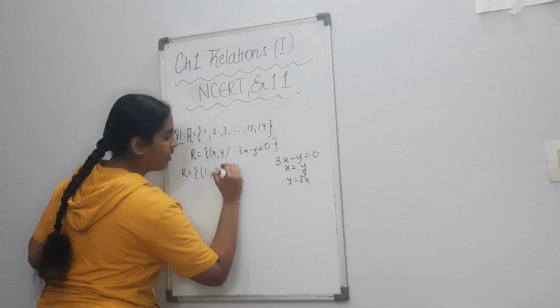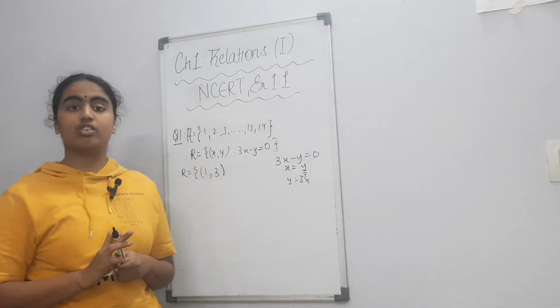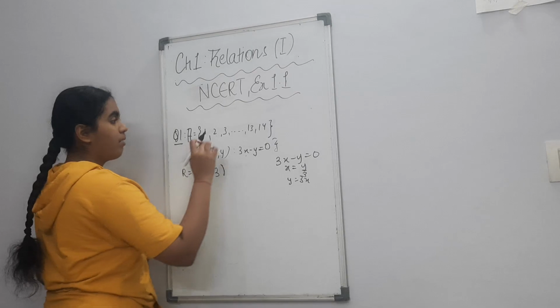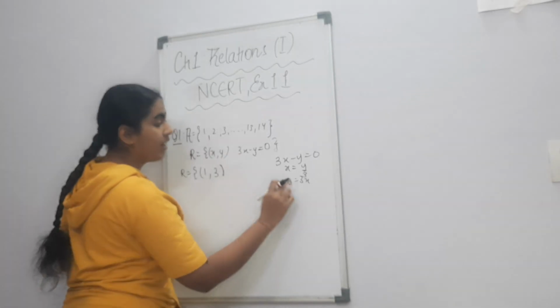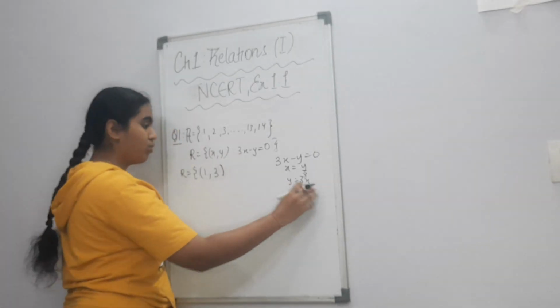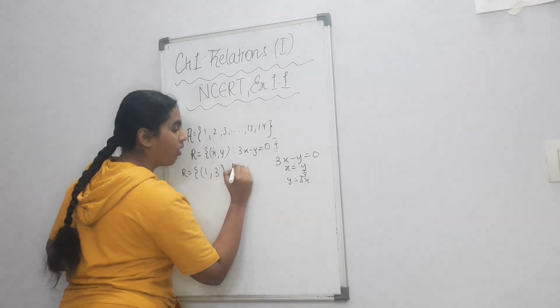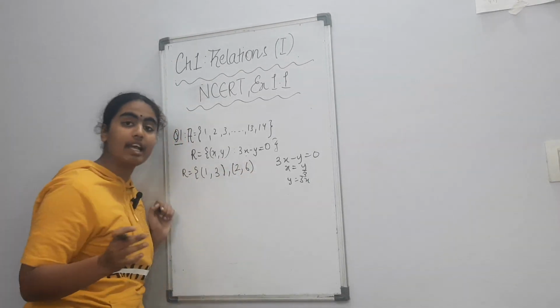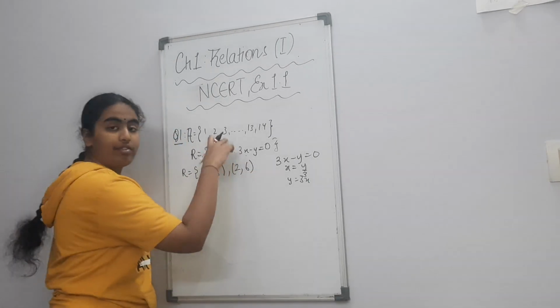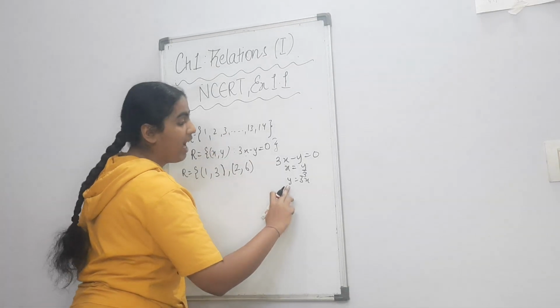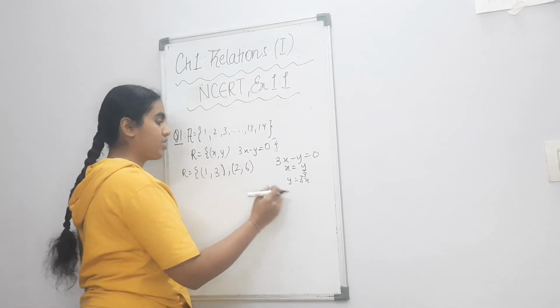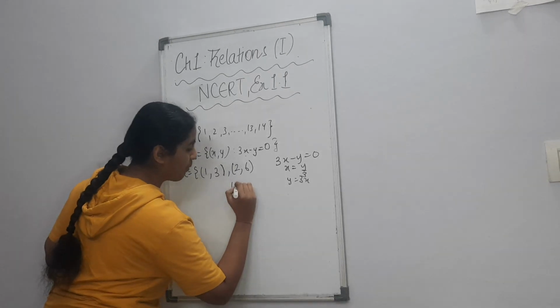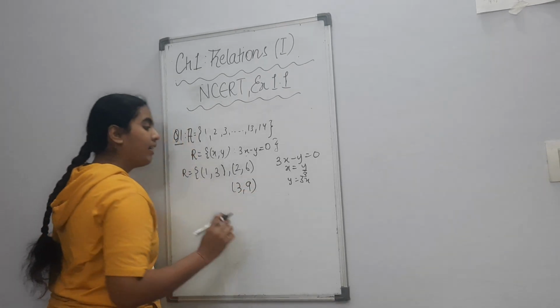So the first ordered pair that we have for our relation is 1 comma 3. Next up, if we take the element 2, then y equals to 3 into 2, which is 6. So we get the ordered pair 2 comma 6 as our second element. The third number 3, if we take that, then y is equals to 3 times 3, which is 9. So we get our third ordered pair, which is 3 comma 9.